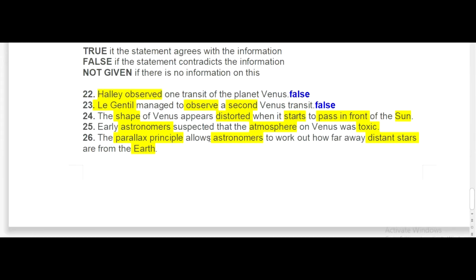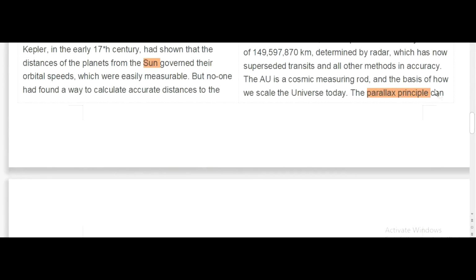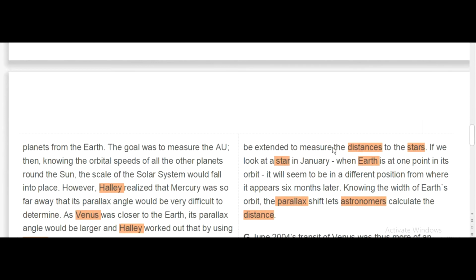The parallax principle allows astronomers to work out how far away distant stars are from the Earth. Now I'm going to start from here. The parallax principle can be extended to measure the distance to the star. If we look at a star in January, when Earth is at one point in its orbit, it will seem to be in a different position from where it appears 6 months later.